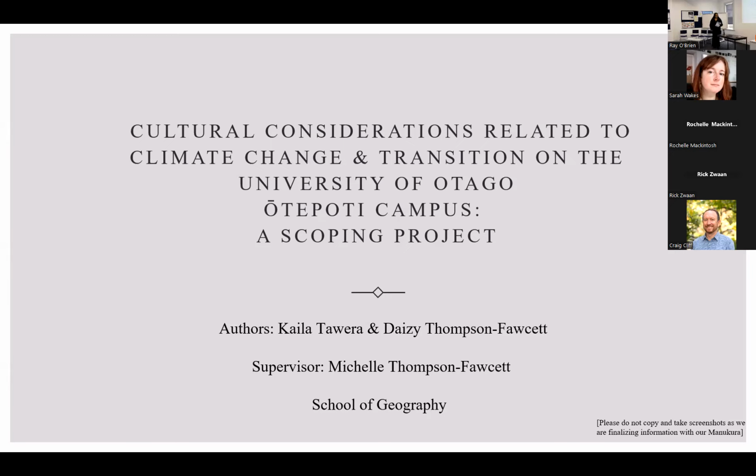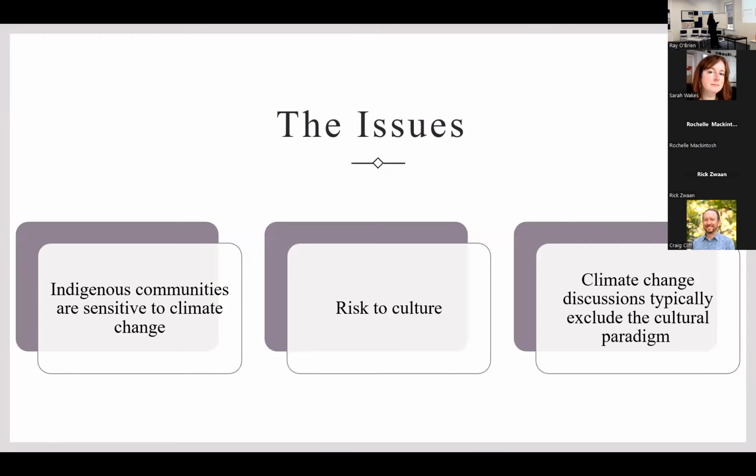Kia ora, I'm Kaila and I worked alongside Daisy Thompson-Fawcett and my supervisor Michelle Thompson-Fawcett for the last 10 weeks on a scoping project looking at cultural considerations related to climate change and transition on the University of Otago Ōtepoti campus. To start off, we identified 3 main issues within this space.